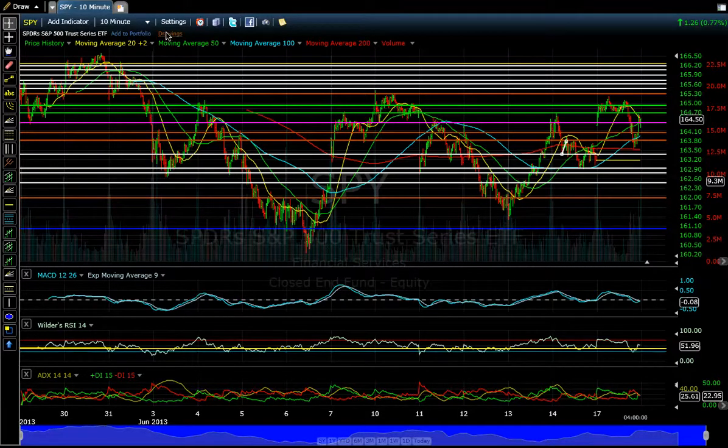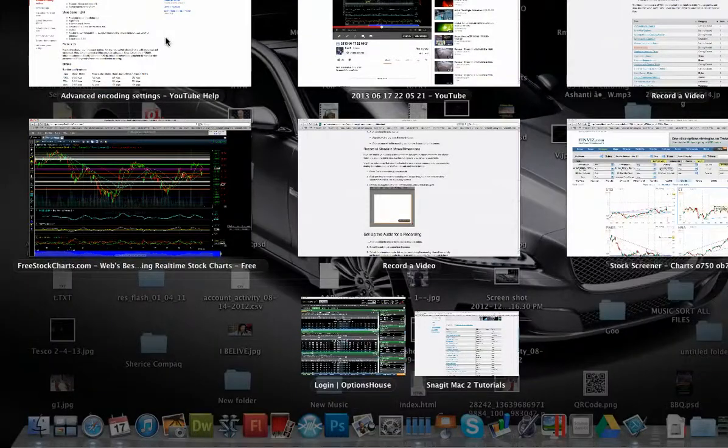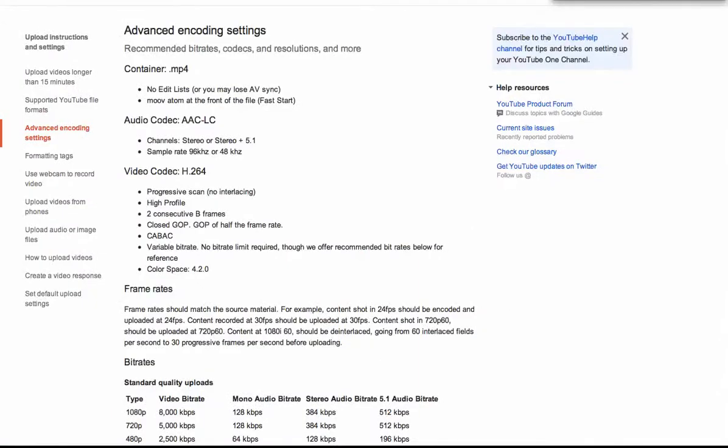164.38. Computer's going extremely slow. 164.38. See if we can close some things.